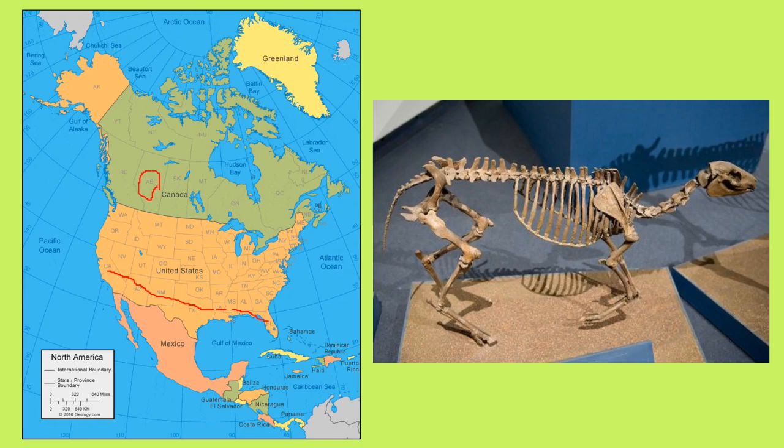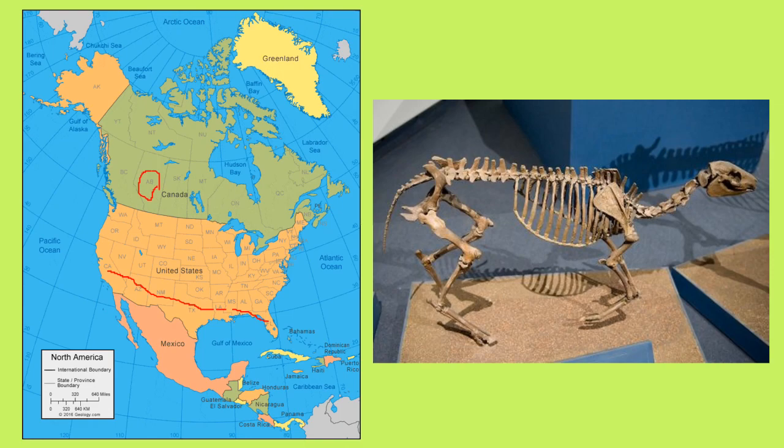They have also been found in Wyoming, South Dakota, Nebraska, Colorado, Utah, you name it. So from Florida all the way up, that's where you're going to get those Miohippus fossils.